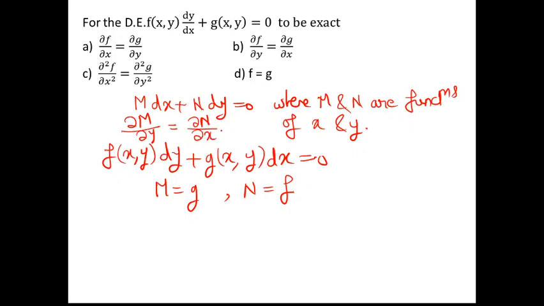So this is the condition for exactness. If I apply this to this equation, I'll get del g by del y equal to del f by del x. In this way we find that option A is the correct one. The form of the differential equation could be anything. If you understand how to apply this, then it's very easy to get the answer.